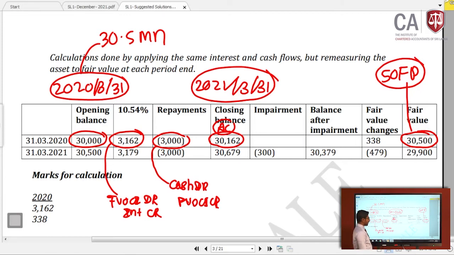So this is not the balance. 30,162 is not the balance. It should be 30,500. Then what is happening? The difference between these two, which is 338, is going to become the fair value gain, because 30,162 needs to be increased to 30,500. It means 338 is the fair value gain that you have to reflect in the financial statements.